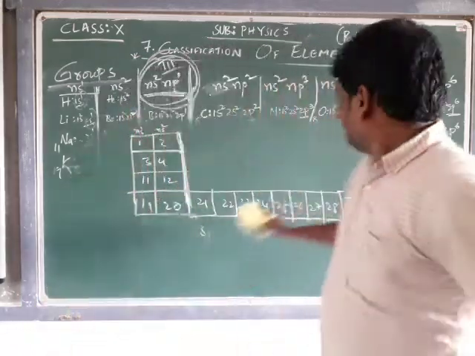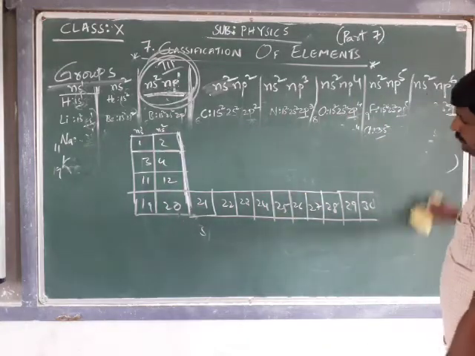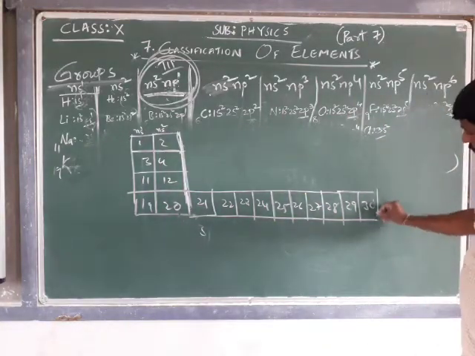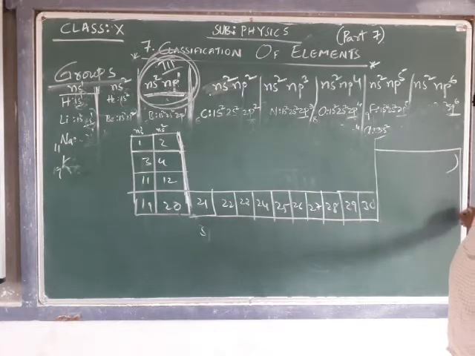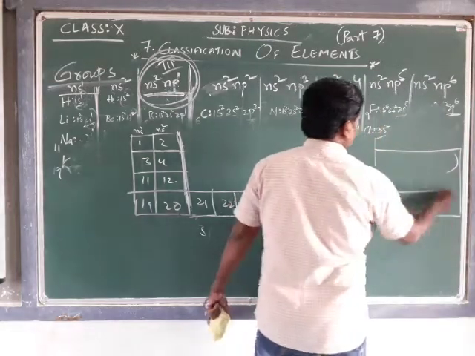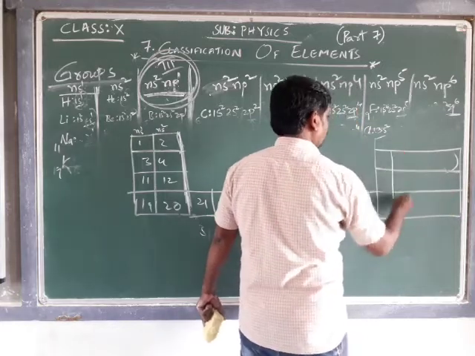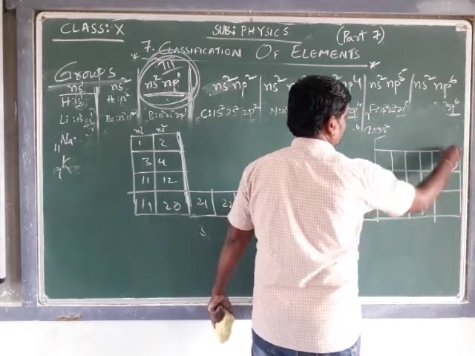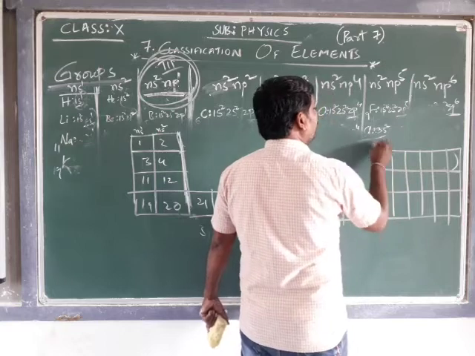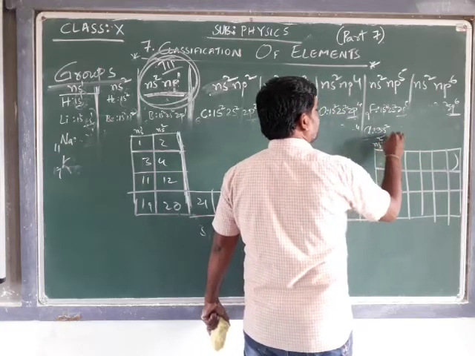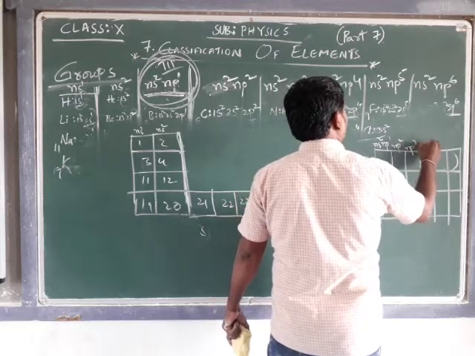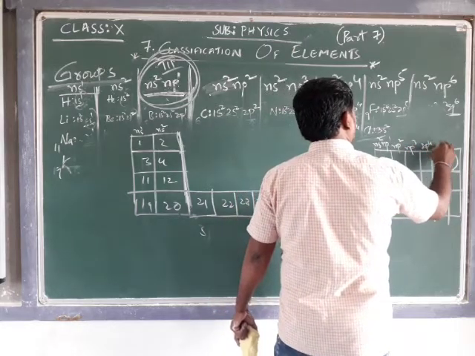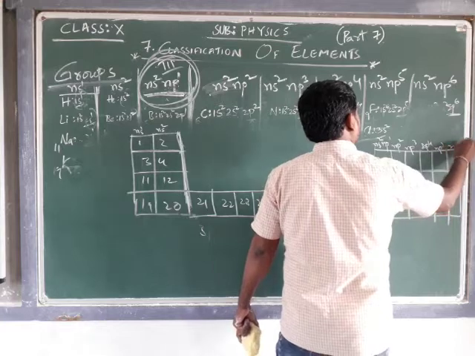Then here it was the ns2 np1 state, ns2, this is np2, np3, np4, np5, np6.